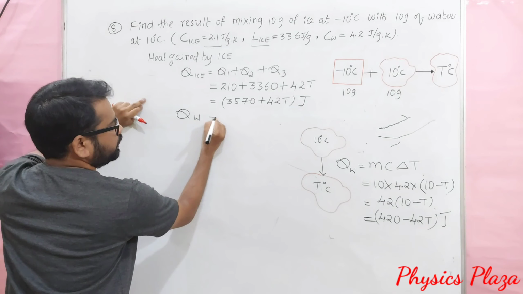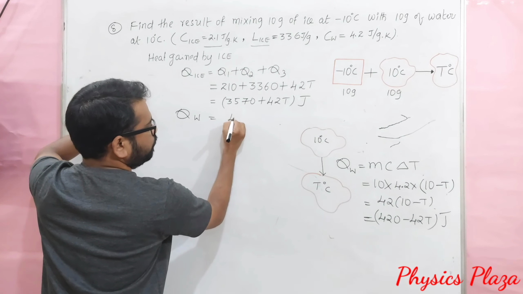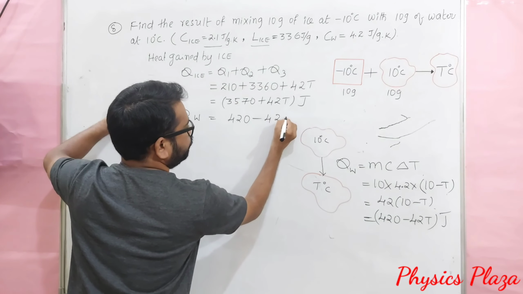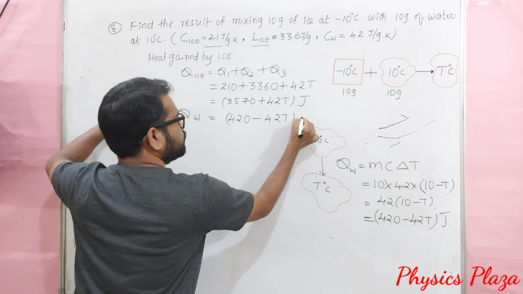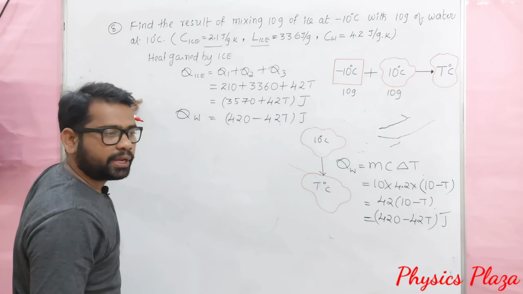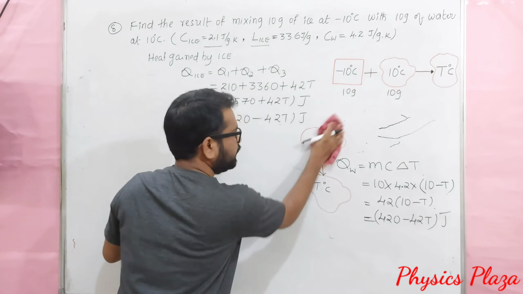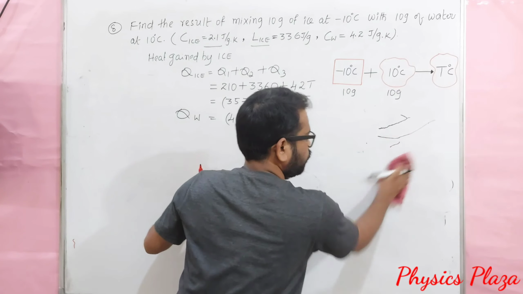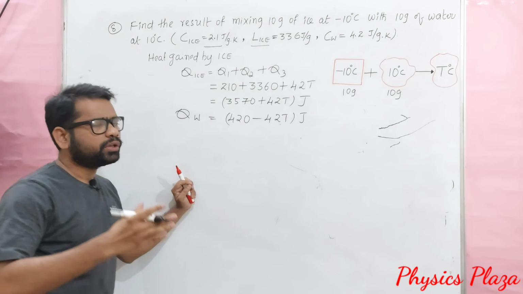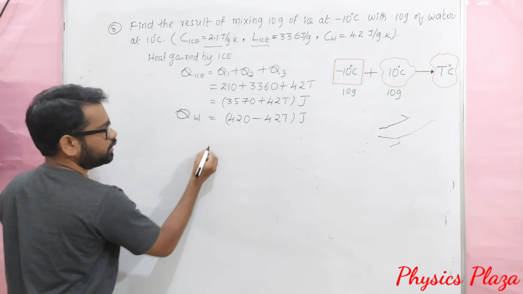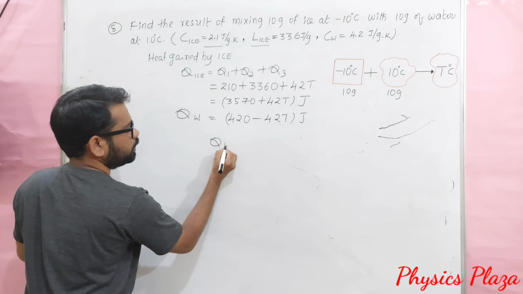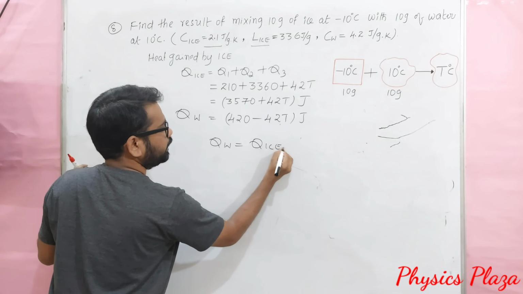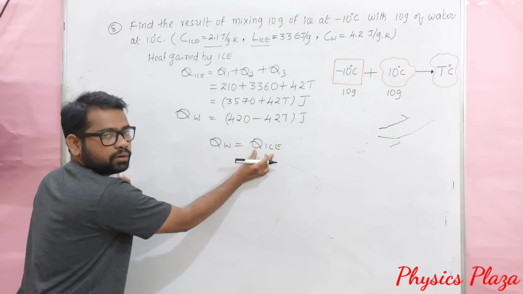It is 420 minus 42T joules. According to the principle of calorimetry, the heat lost by the hot body is equal to the heat gained by the cold body, and we assume there is no heat loss to the surroundings. So Q water is equal to Q ice. Heat lost by water equals heat gained by the ice.